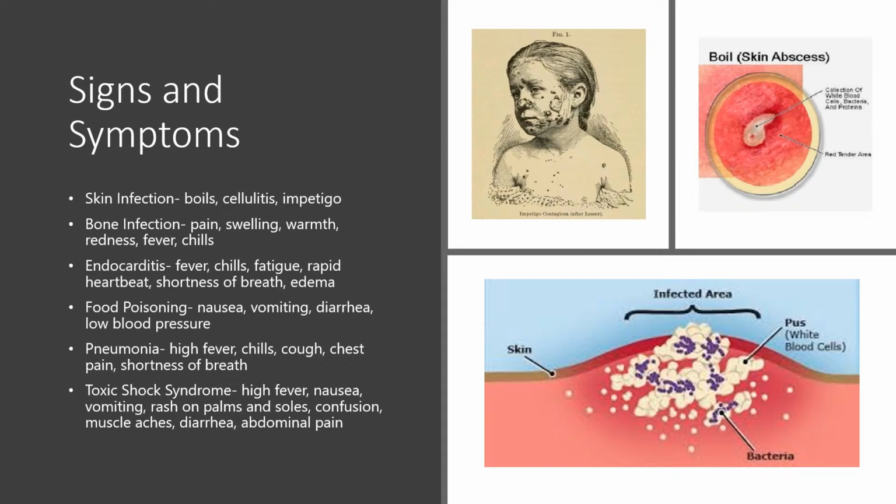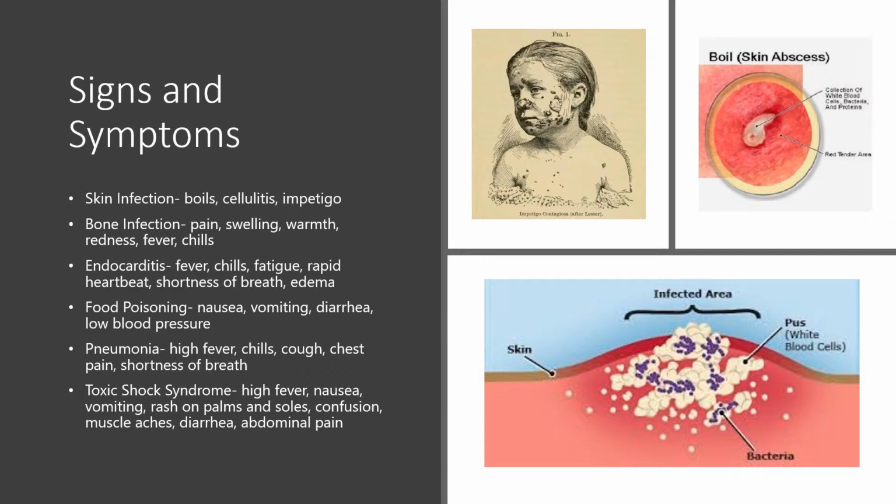Because of the many types of staph infections, signs and symptoms greatly vary. For a skin infection, it's common to see boils, cellulitis, and impetigo. For bone infection, you can see pain, swelling, warmth, redness, fever, and chills. For endocarditis, there's fever, chills, fatigue, rapid heartbeat, shortness of breath, and edema.